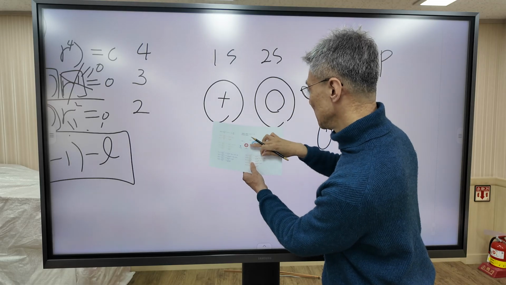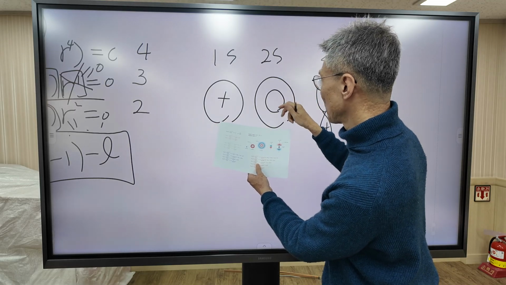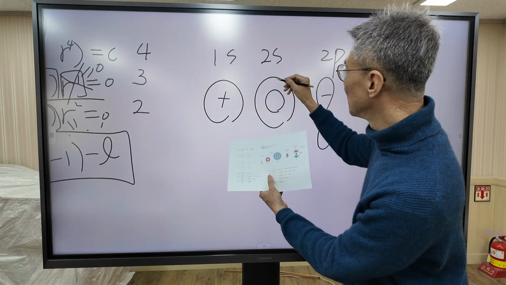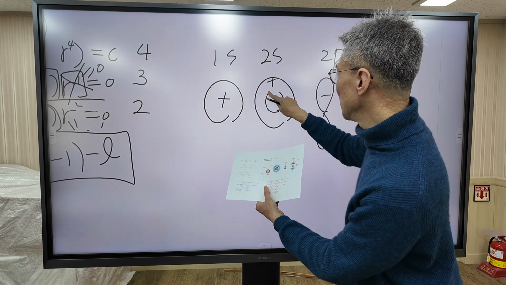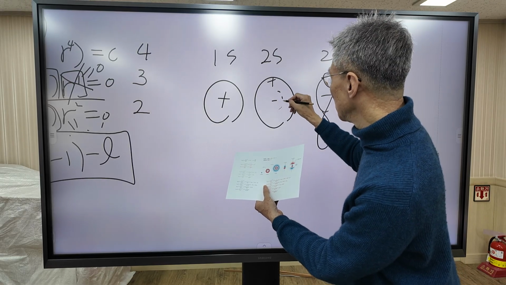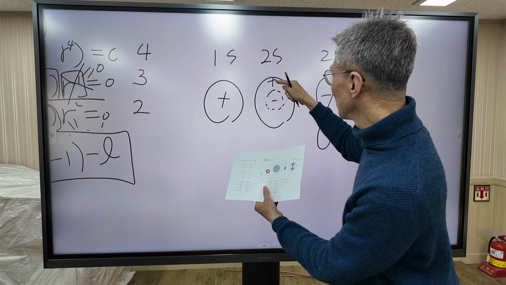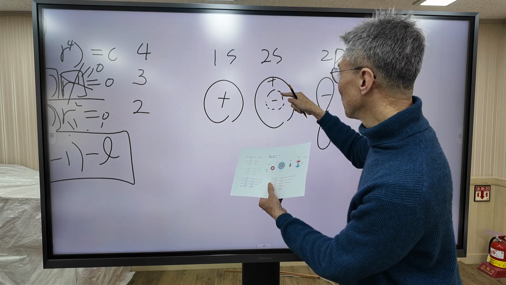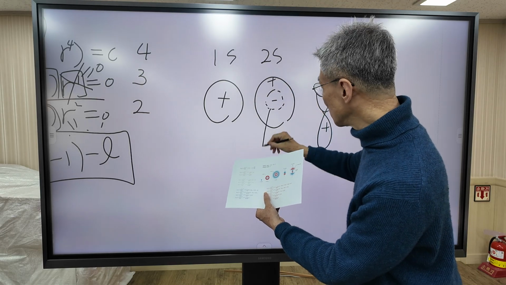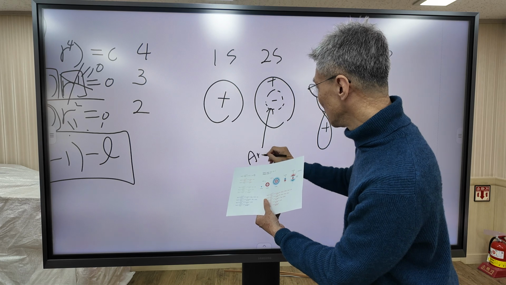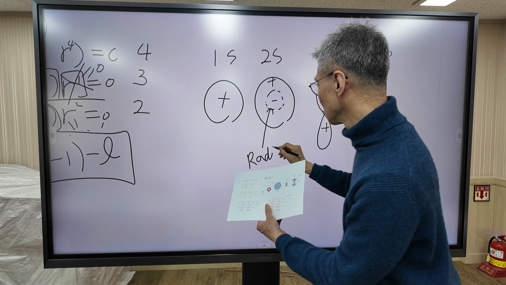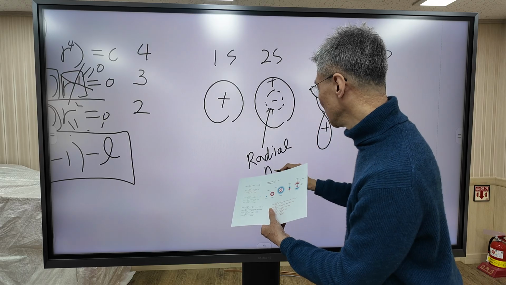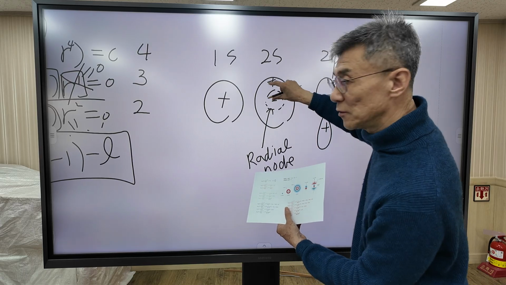Positive is one color and blue color is negative, right? So in the region between the plus region and minus region, you have white region. This is angular node. I'm sorry, radial node. Radial node exists between two regions.